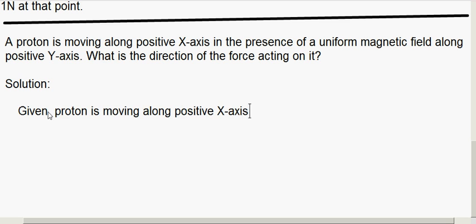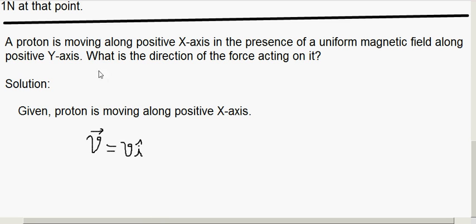Therefore, I can write the velocity of the proton v is equal to v into unit vector along positive x-axis, that is i, because along x-axis.